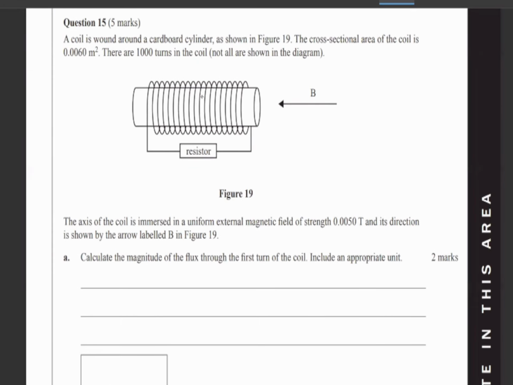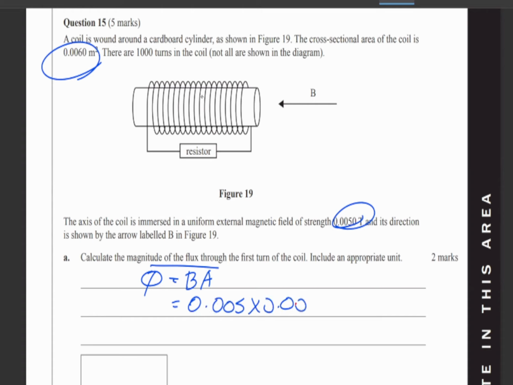So 15A. The magnetic flux is BA, B capital A. A is here. This is here. So 0.005 times 0.006, which is equal to 3 times 10 to the power -5 Webers.